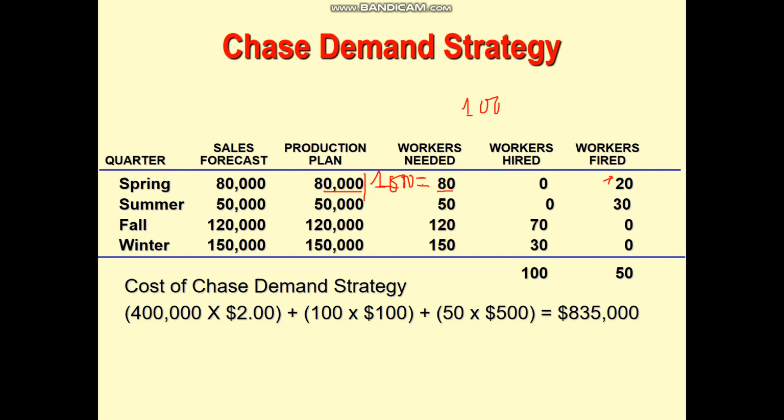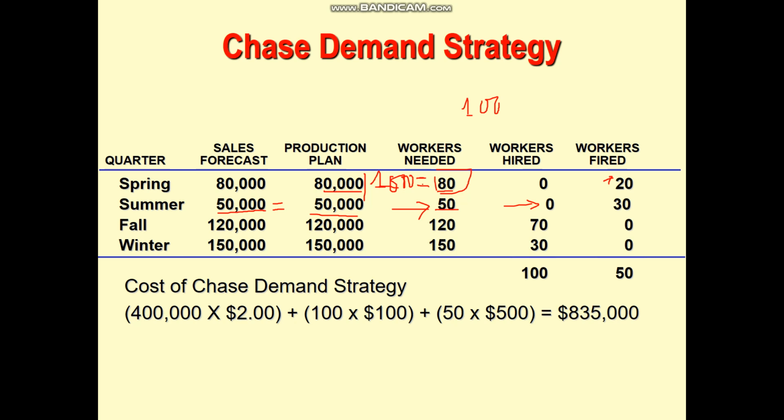And the same in the second period, the forecast demand is 50,000, so we also produce 50,000. To produce 50,000 products we need 50 workers, and now we have 80 workers, but in the second period we only need 50, so we will fire 30 workers and we don't need to hire anyone.